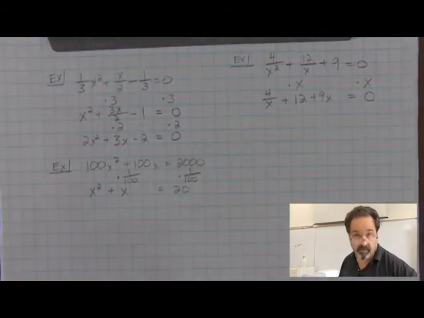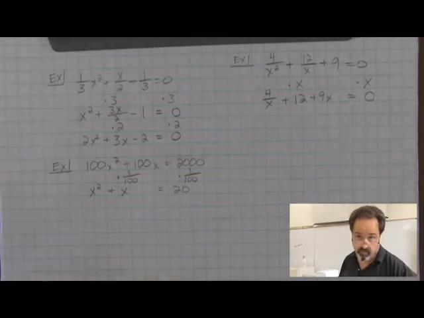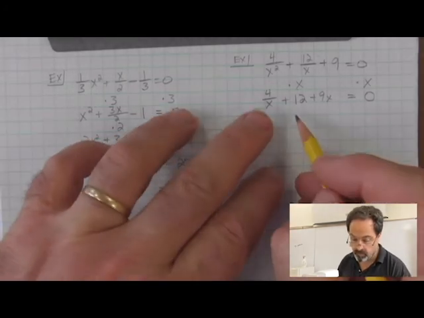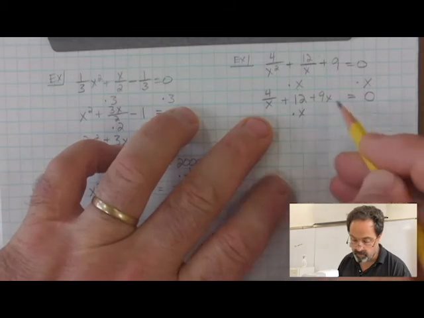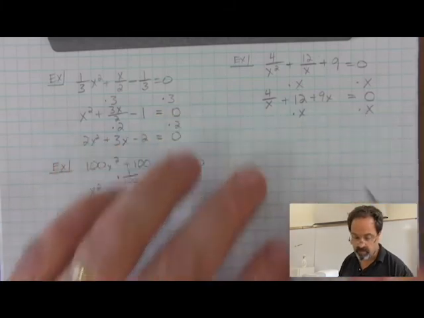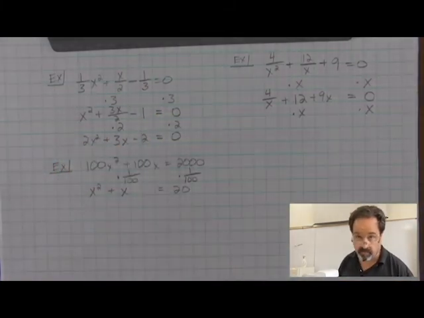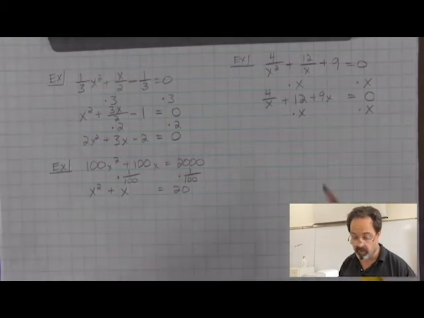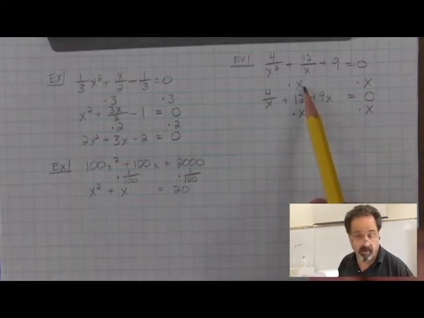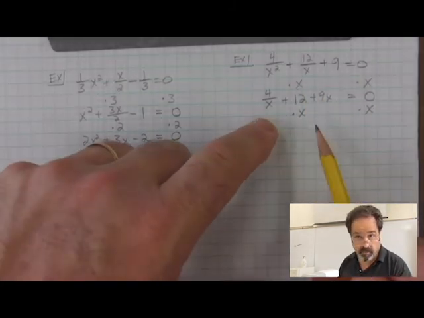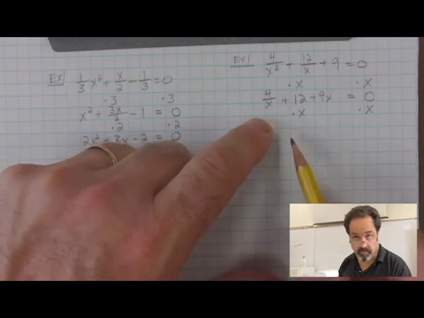I still have a fraction with a variable in the denominator. So I'm going to multiply through again by multiplying the entirety of both sides by x. Now when I take two steps like this, I don't have to. I could have chosen to multiply the entirety of both sides by x squared and done this in one step. But for the purposes of showing the results, I've separated into two steps.